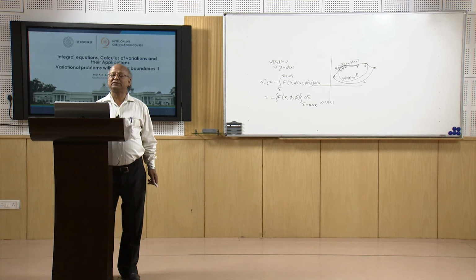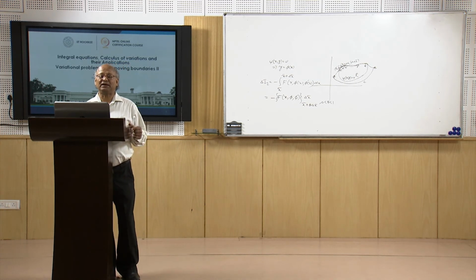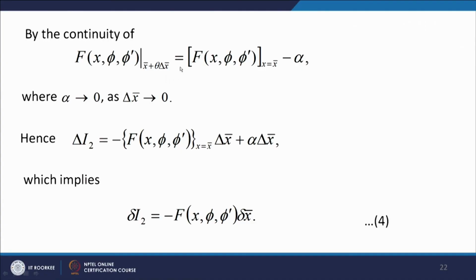Now by the continuity of f_x φ', f_x φ' at x̄ + θΔx̄ is equal to f_x φ' at x = x̄ minus α, where α goes to 0 as Δx̄ goes to 0.